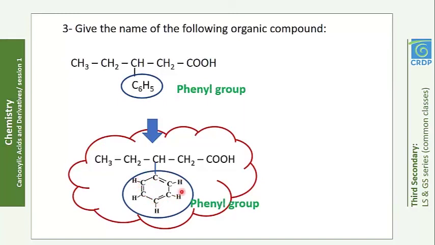It's derived from benzene. So benzene, when it becomes a branch, becomes C6H5. Its name becomes phenyl group because it is a branch, and it is not the main chain. The linear chain is the main chain.